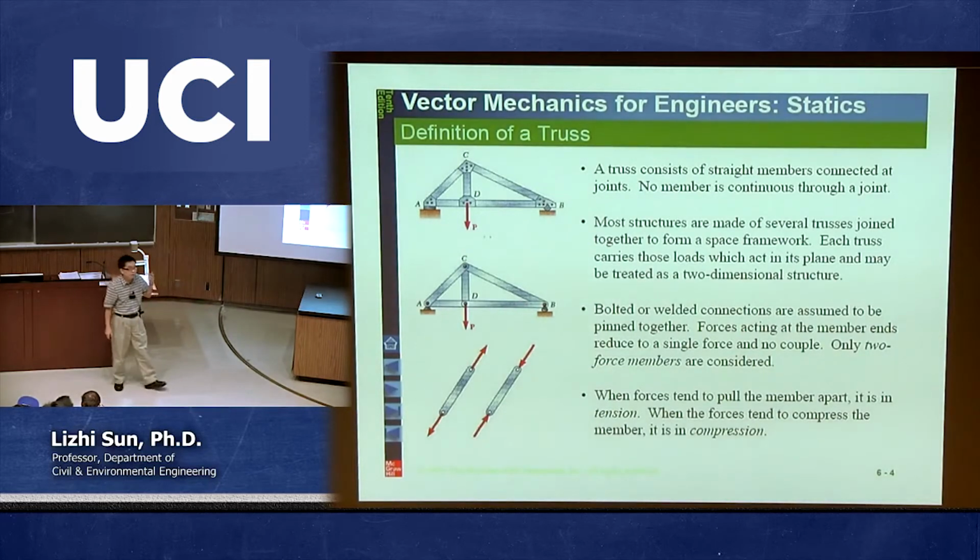In other words, we cannot use the principles we're going to learn in this chapter to calculate any internal forces if there are one or multiple forces acting in between instead of at each end. The reason we have the third requirement is simply that if all the applied forces act on those joints only, then each member, in fact, forms what we call a two-force body, as we originally introduced in chapter 4.